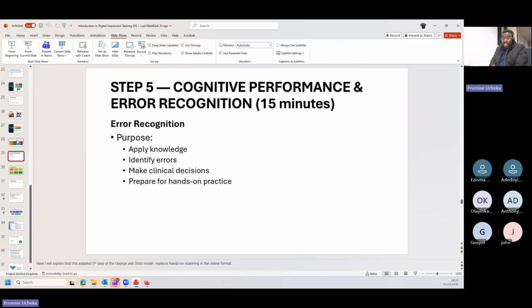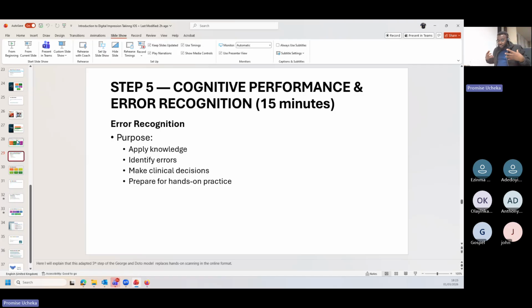I need you to visualize potential errors that could happen with you capturing those images and what you do with those images, so you can cognitively perform that practice of digital impression taking. And this will help you.